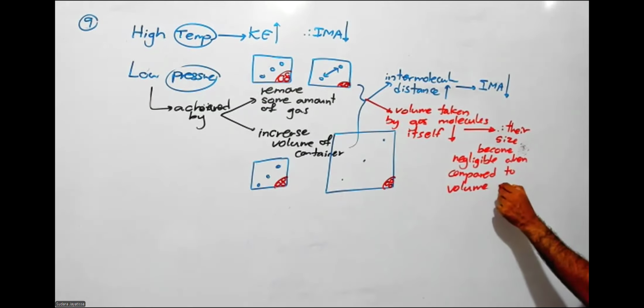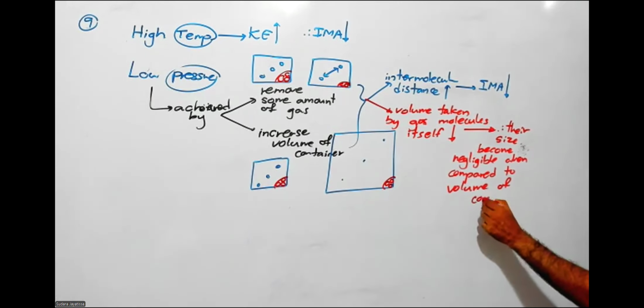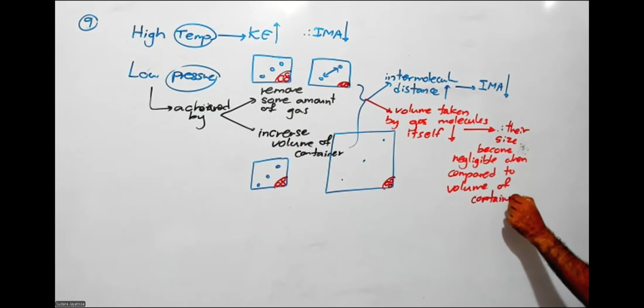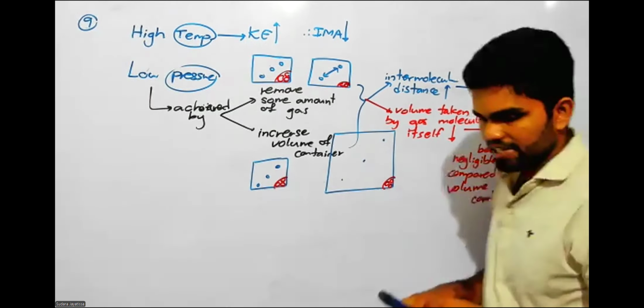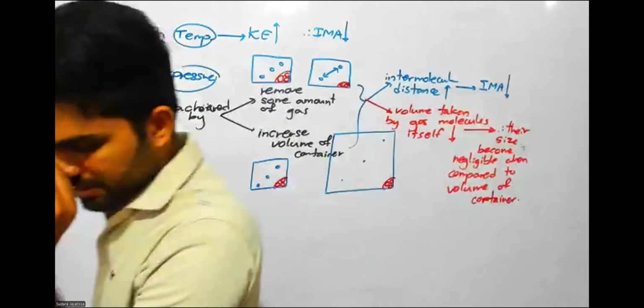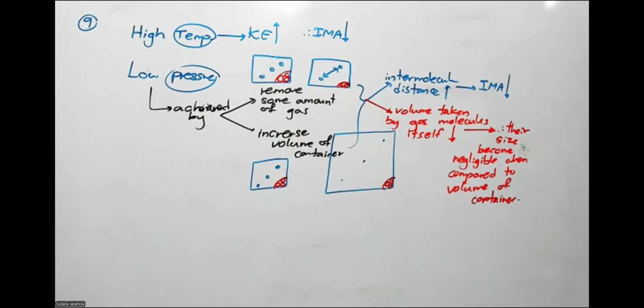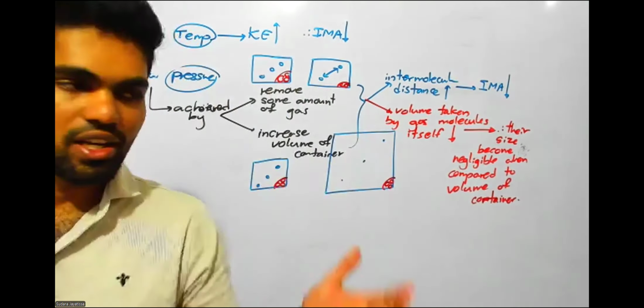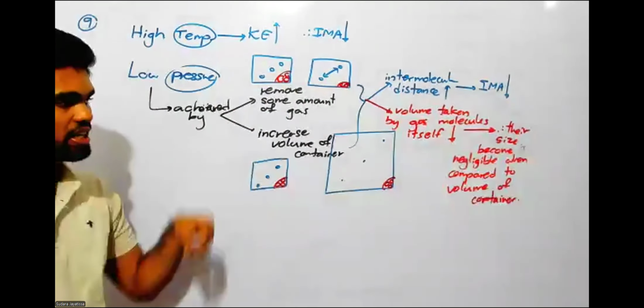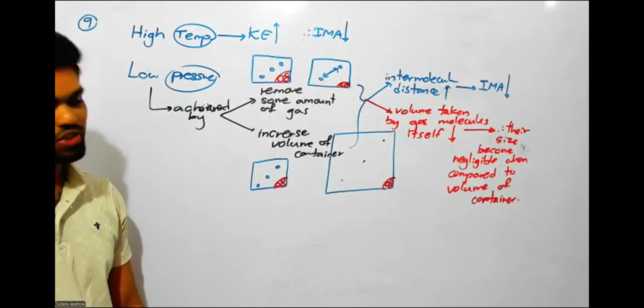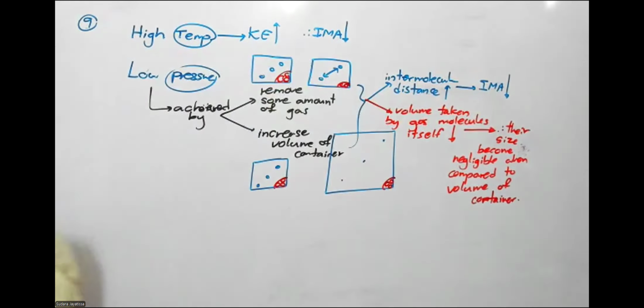This is another characteristic of an ideal gas. In an ideal gas, the interparticle distance is very high and their volume is negligible when compared to the size of the container. So that happens for real gases also when you remove some gas and when you increase the volume of the container. So this is the full idea, the full theory. Now you need to think which answer correctly presents at least one of these reasons.